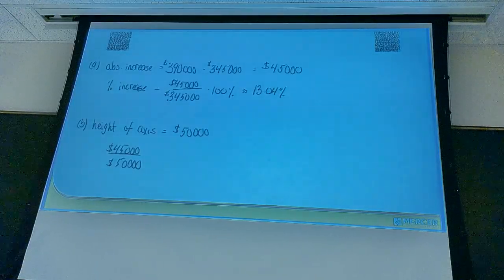So they're asking for the fraction of the axis height that represents that change. It's just 45,000 divided by 50,000.